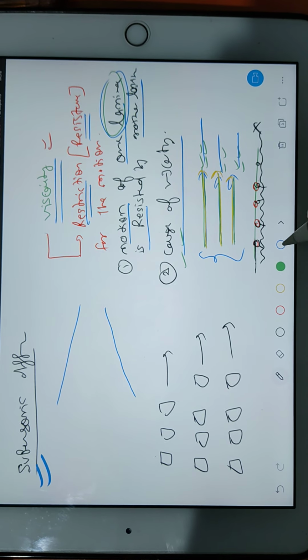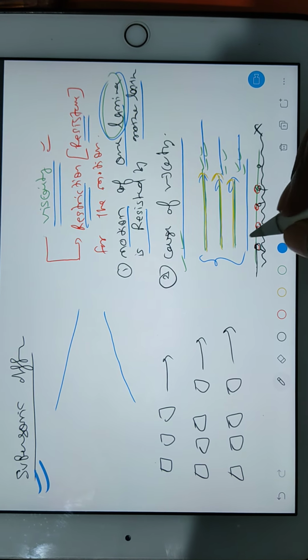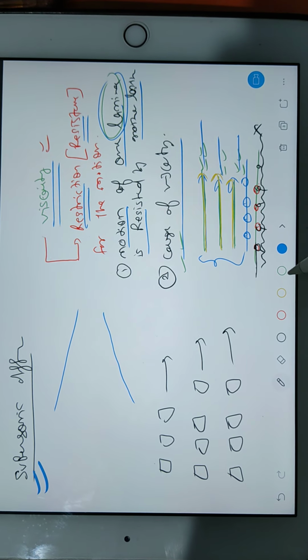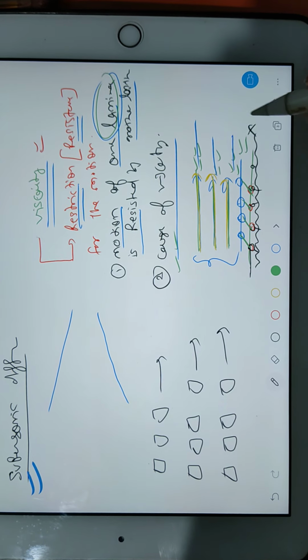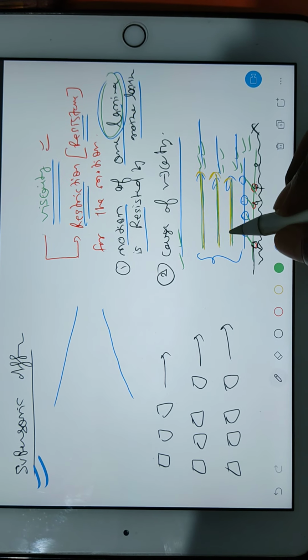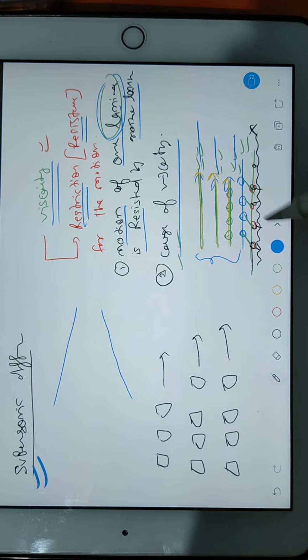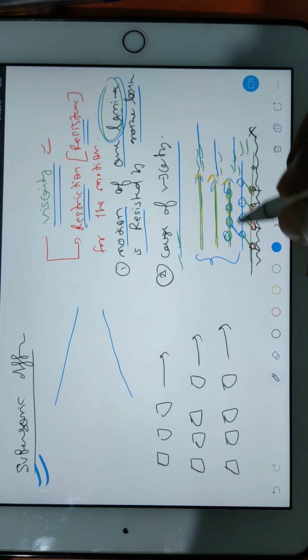Then the lamina just next to this will have molecules under the attraction force, so this lamina will slow down. Then the next lamina will again have attraction force with these molecules.